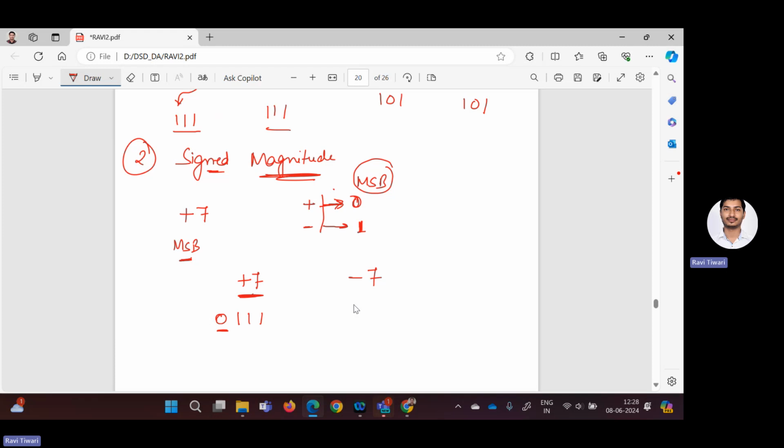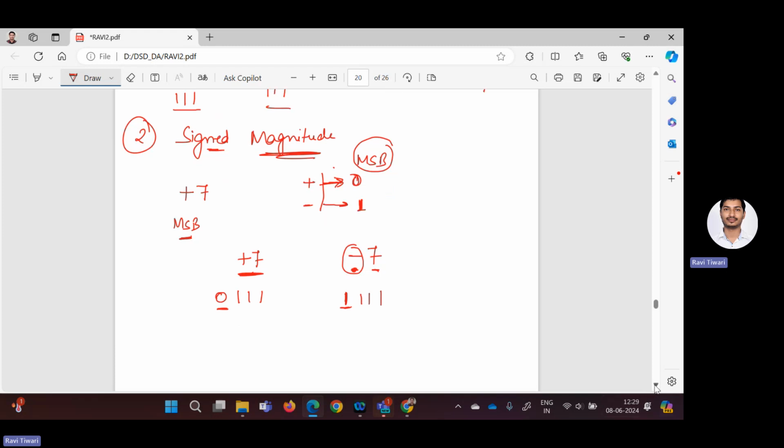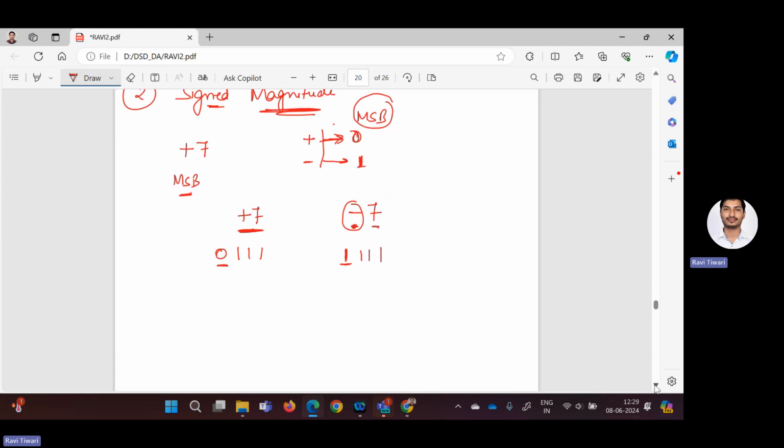Here the MSB bit will tell us the number is negative, which is represented by 1, and the next bits will be the magnitude, so 7 is represented as 111. So this is the difference between positive and negative: only the first MSB bit will be 0 if it is positive and 1 if it is negative.